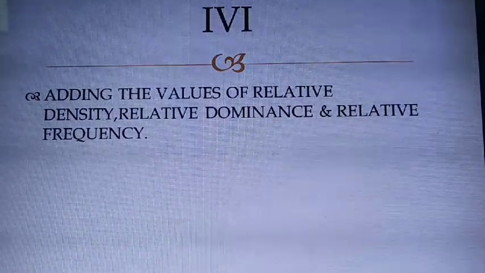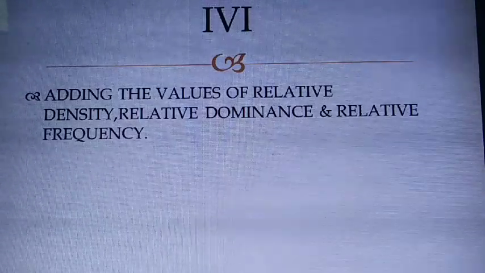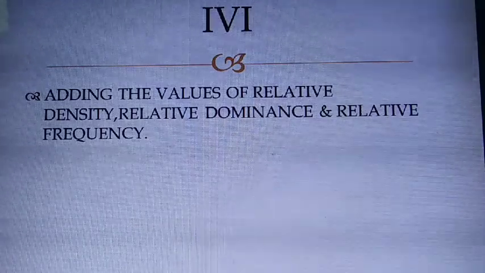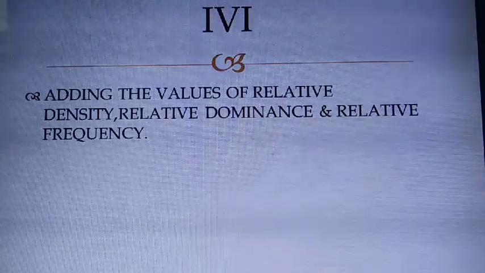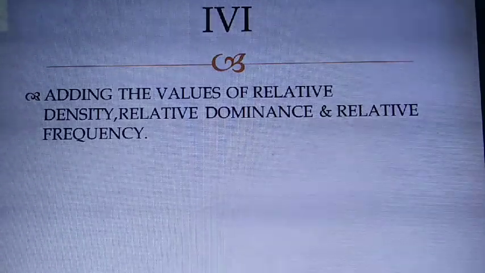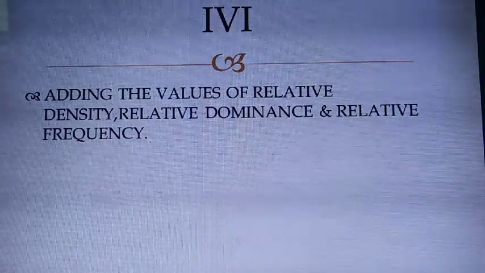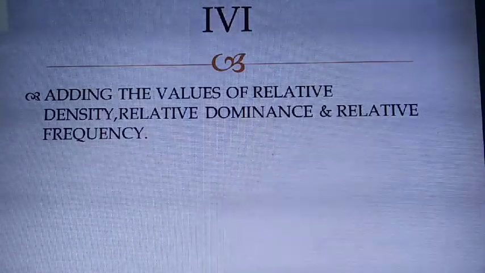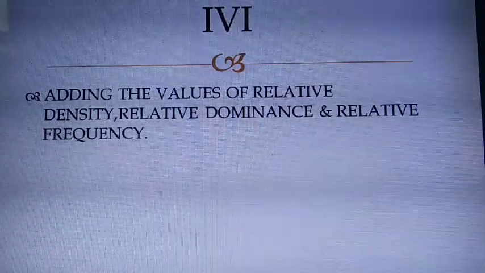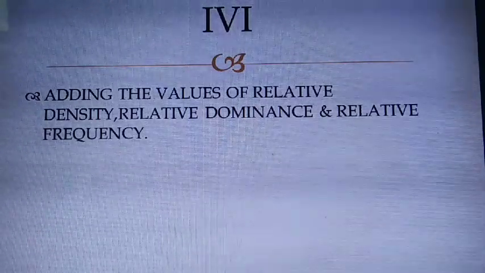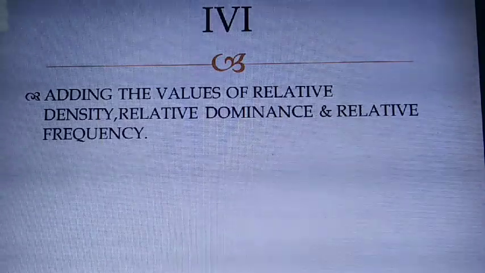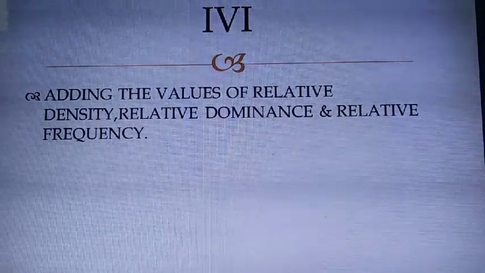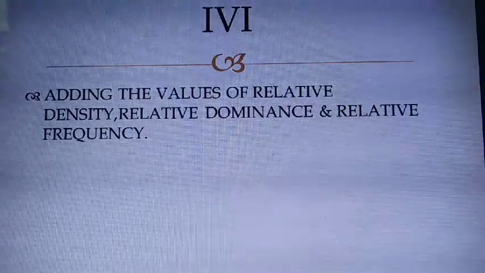And the relative dominance is calculated by the dominance of the species when divided by total dominance of all the species and multiplied by 100. So, IVI, important value index of different species, can be calculated and arranged in decreasing order. The first in the order denotes the dominant species.